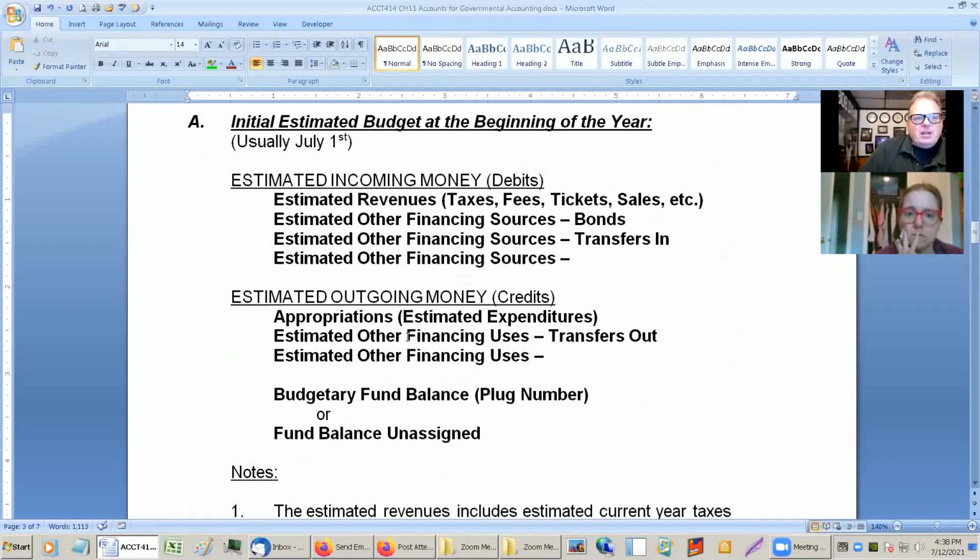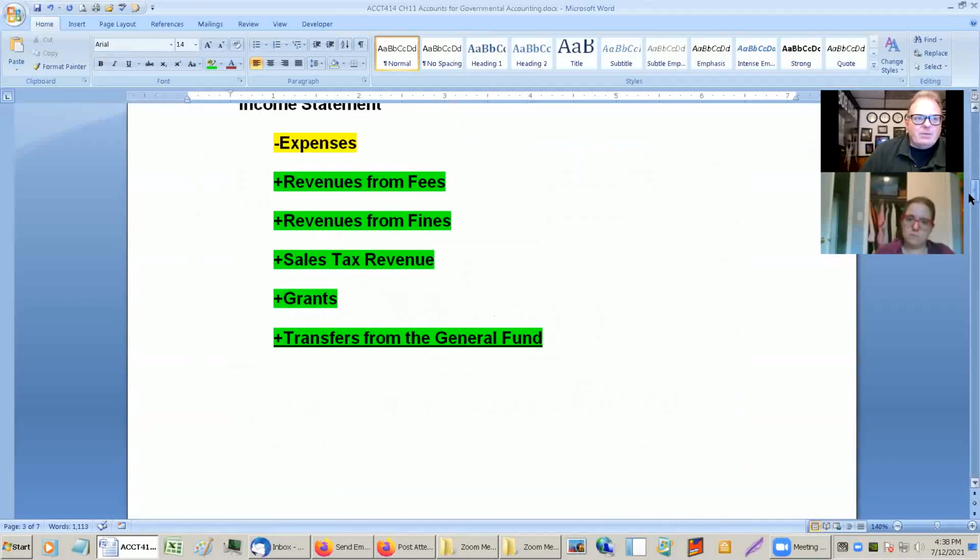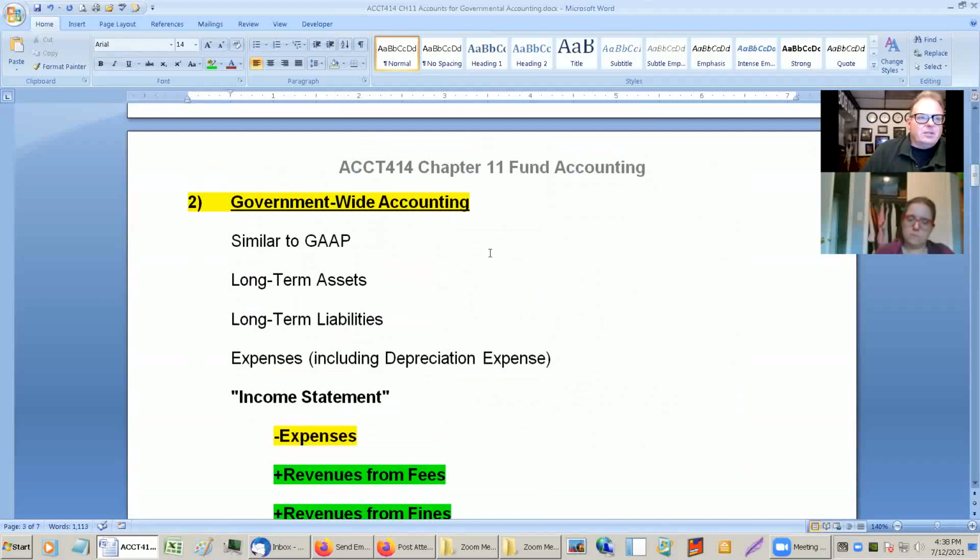The budget at the beginning of the year. Now, this is only for the fund accounting. This is not for government-wide. Let me put that on here actually.